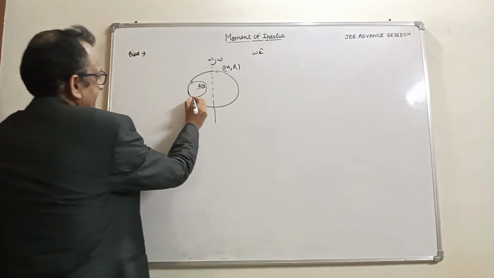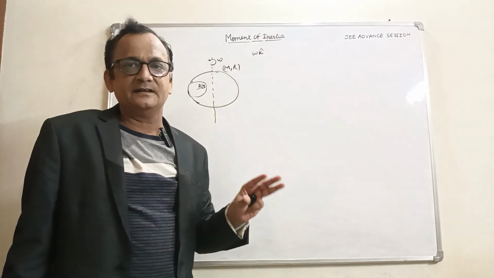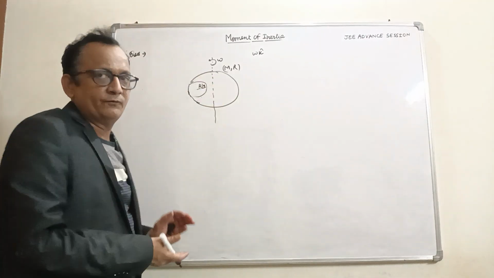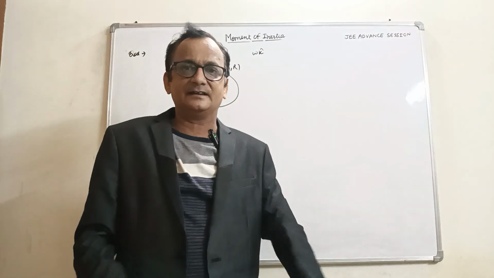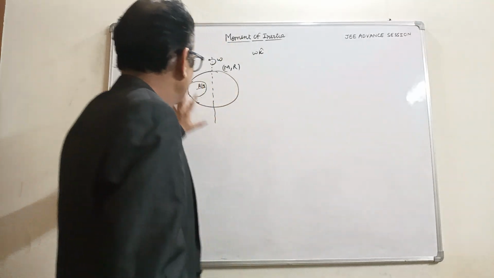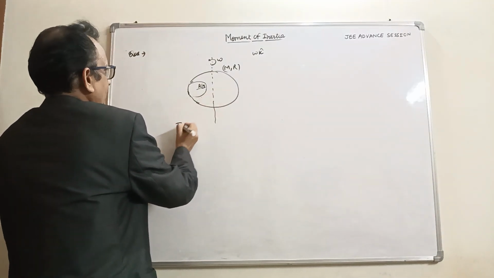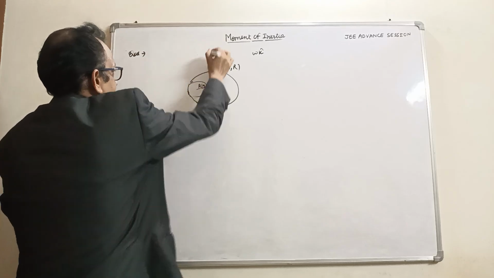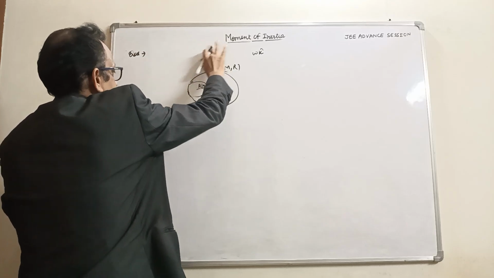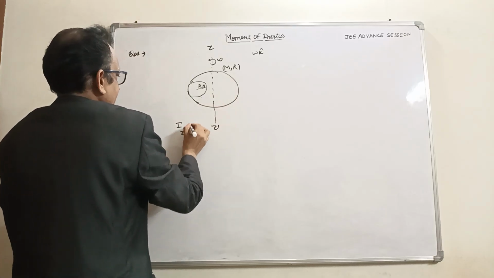When we make the cavity in the disk, thereafter we have to find the moment of inertia in that scenario. So moment of inertia in that scenario we have to calculate about this axis, suppose this is z z dash.